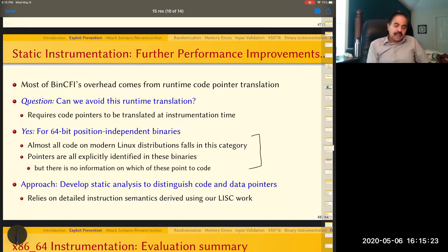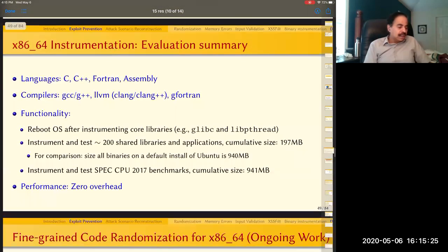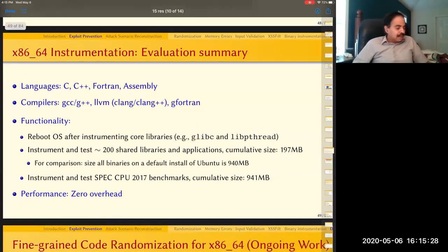And so the summary is that we can take code written in any source language, because we are working on binaries, so the source language really doesn't matter. And we can also work with binaries produced by different compilers, as well as handwritten assembly code. And the system itself is quite robust and is able to deal with a lot of complex code while essentially producing zero overhead.